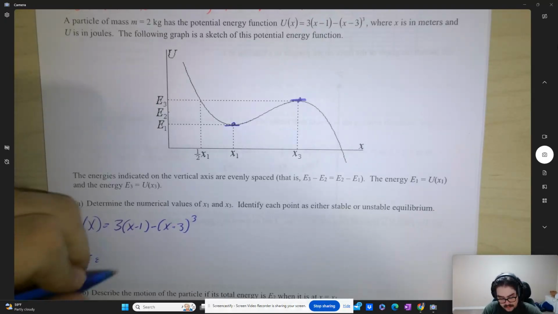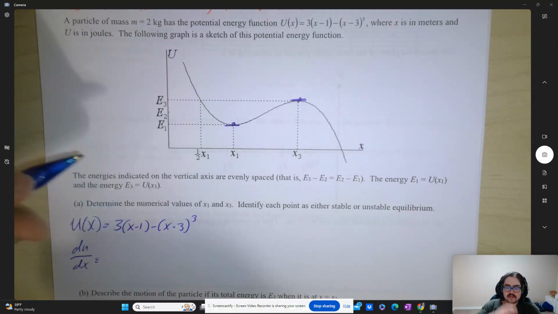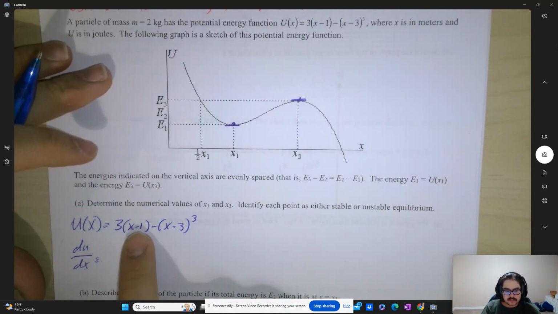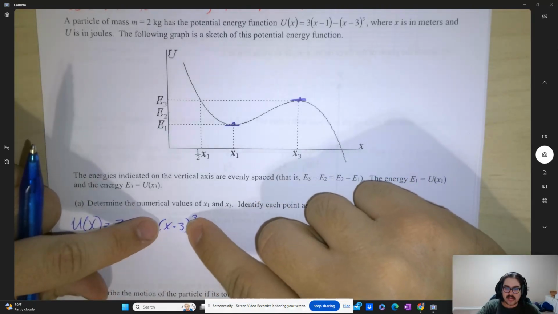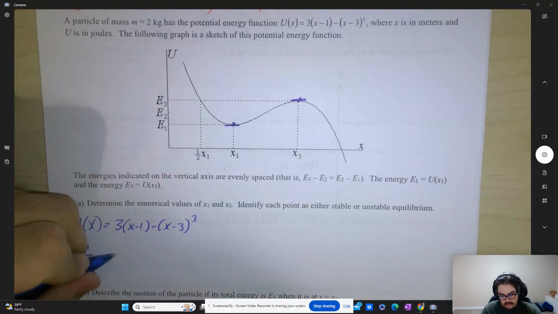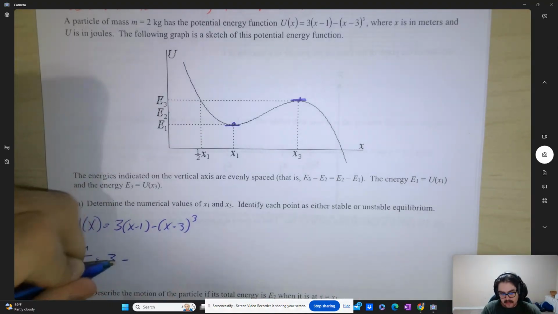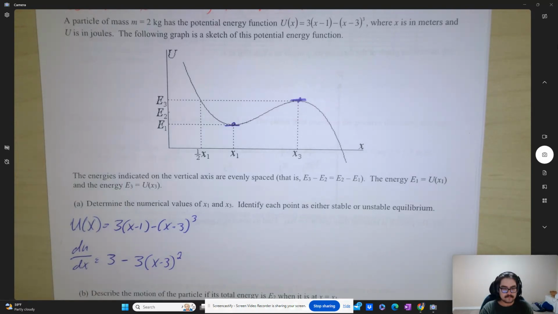You can chain rule this, and you'll notice that your interior derivative on both terms is actually just going to be 1, so it doesn't really do anything. So this would be 3 minus, and the 3 comes down, 3 times (x minus 3) to the second power.